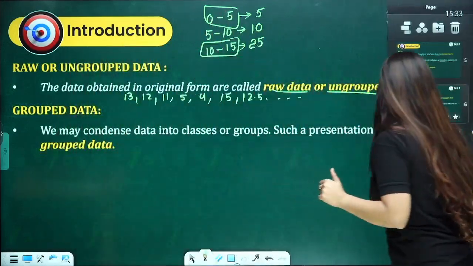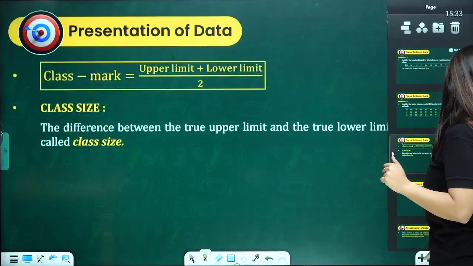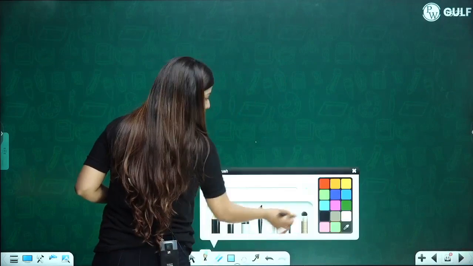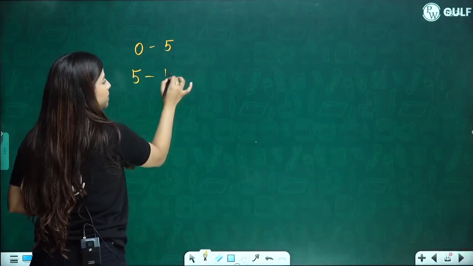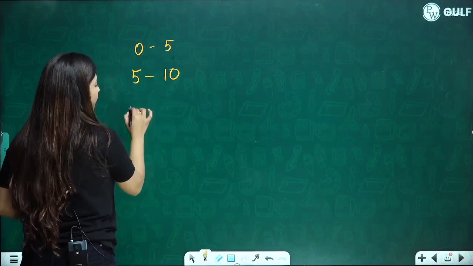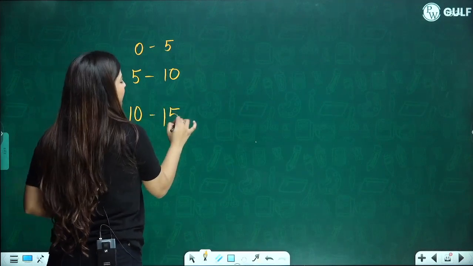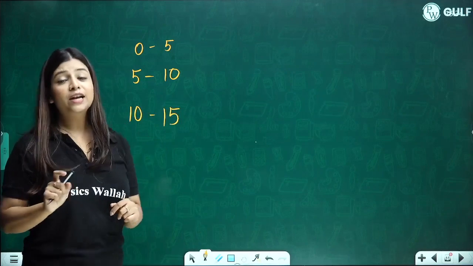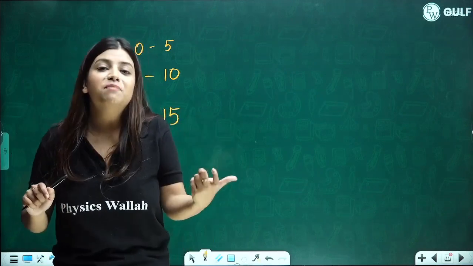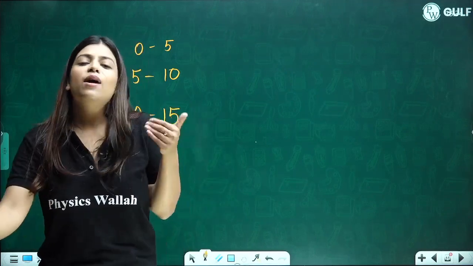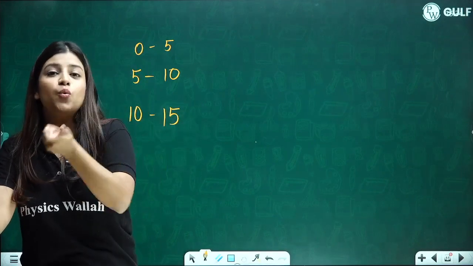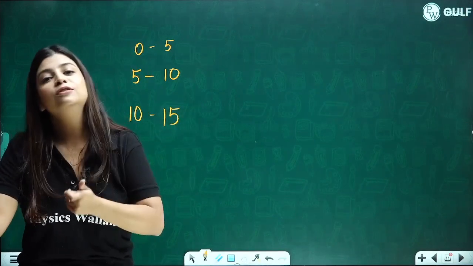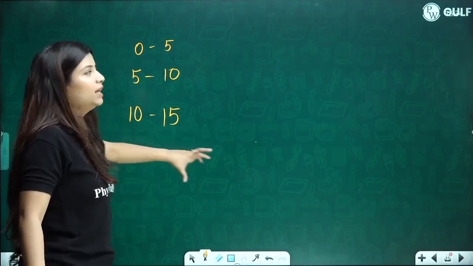Let's understand this concept again. So these are the class intervals that I have taken to arrange the marks according to my class. I can also take 0 to 3, 3 to 6, 6 to 9, 9 to 12, 12 to 15 and so on.